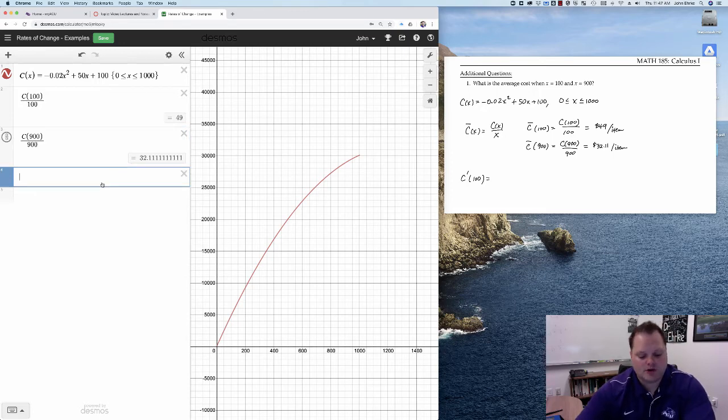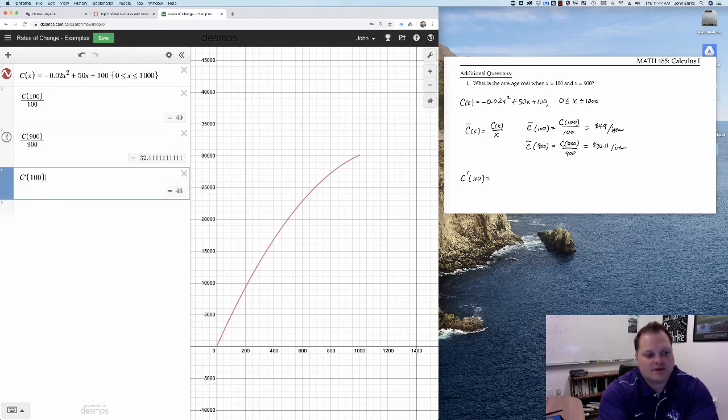So remember, you don't have to write down the derivative function. Desmos can take care of it for you. So C prime at 100, the prime symbol is the apostrophe symbol on the keyboard. So C prime at 100 would be $46 per item.